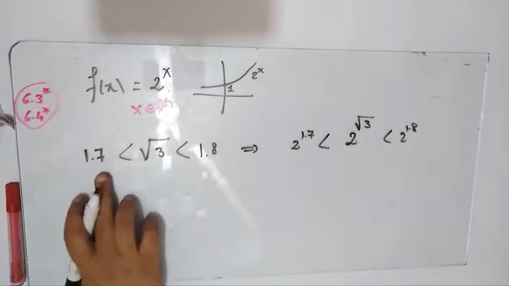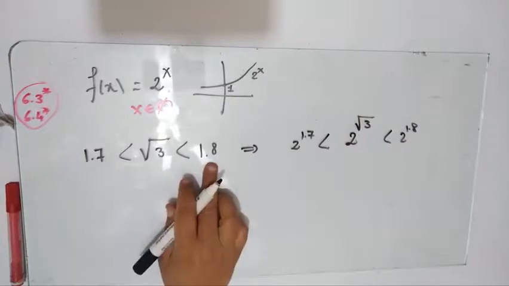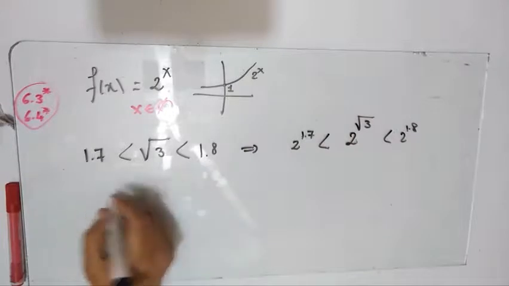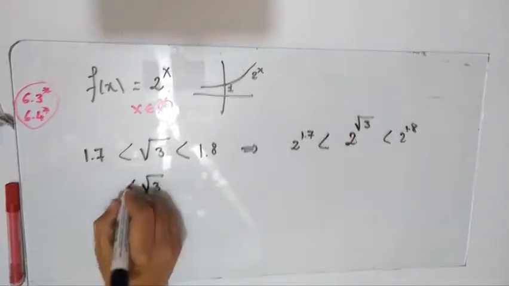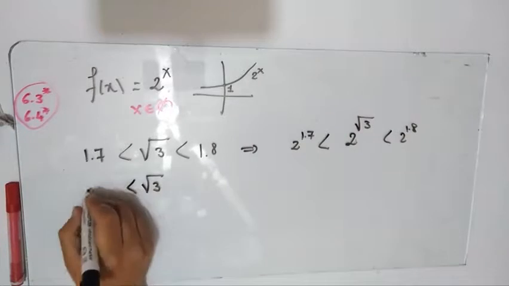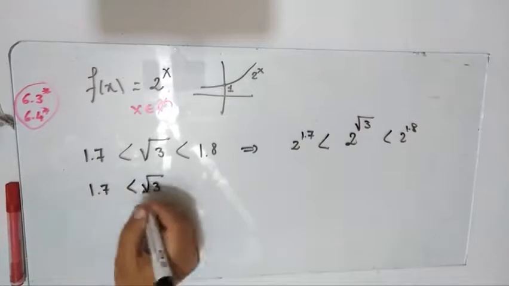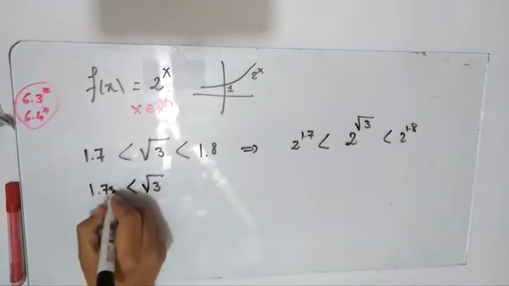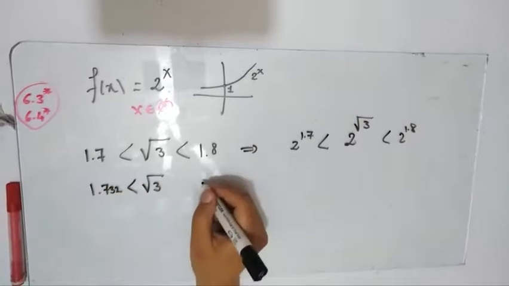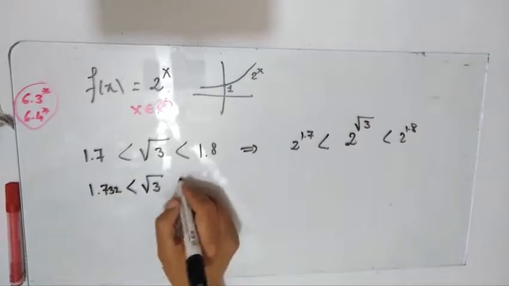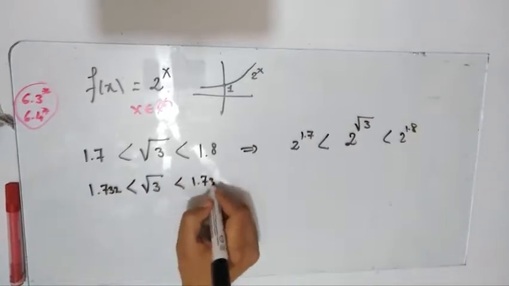Actually, I can go closer. Square root of 3 is bigger than 1.732 and less than 1.733.